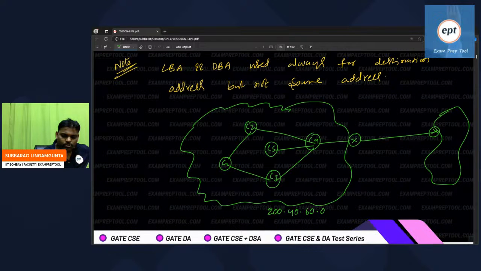Now see one small thing. Because it is a class C, the host part is 1 octet. So this may be 7.